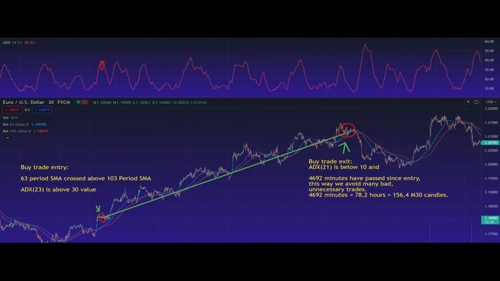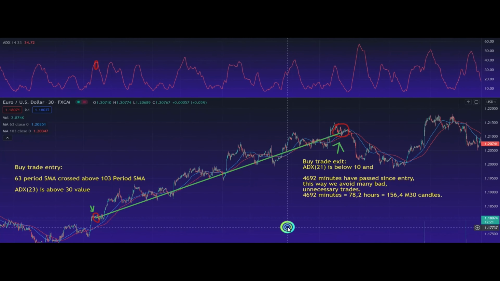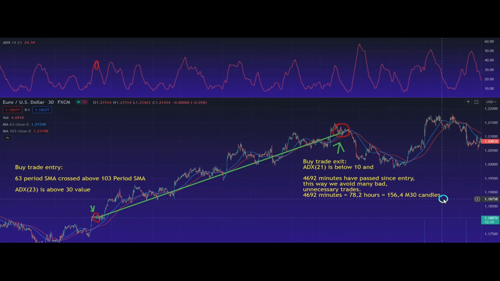When I add this to my strategies and robots to test, it levels up those strategies, even if they are bad. If I get some strategy from one of my clients to boost it up, I add these and it really works. So basically our buy trade exit, as you see, is almost the perfect point to exit. It is really good.